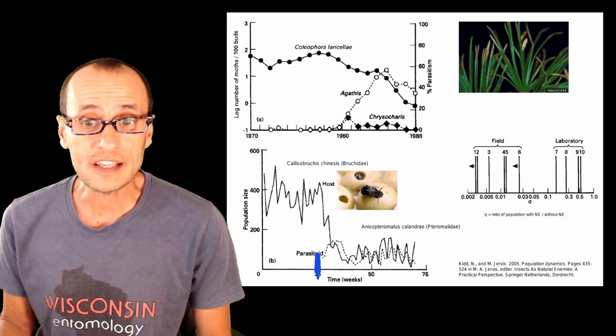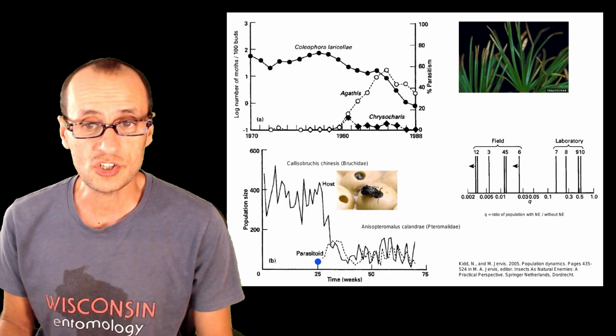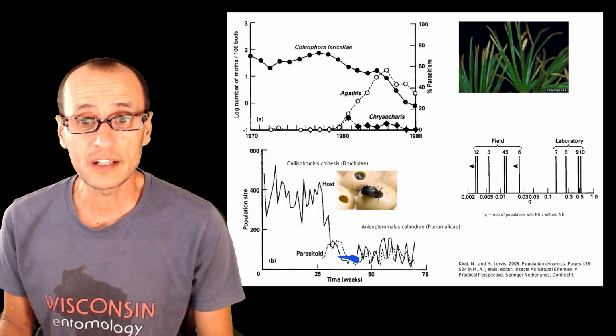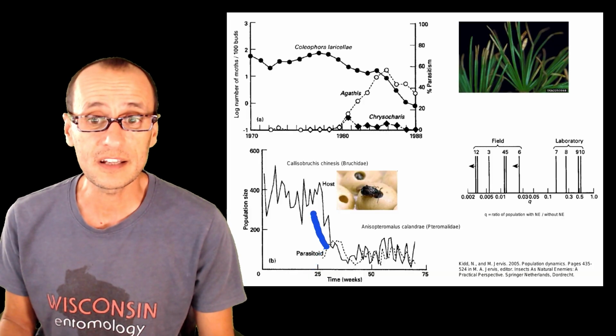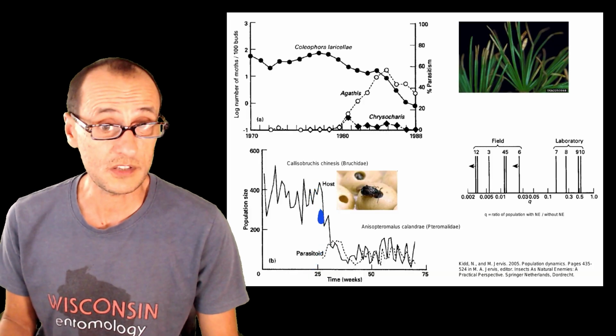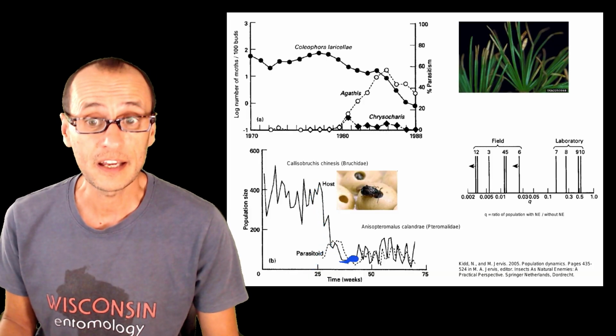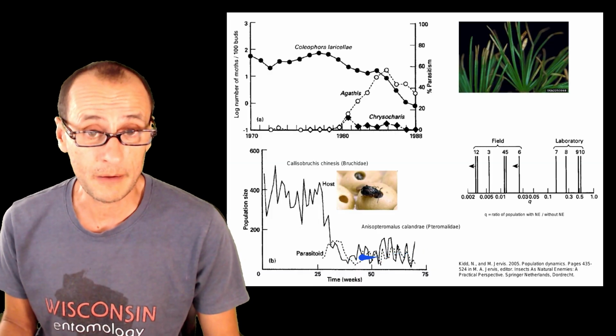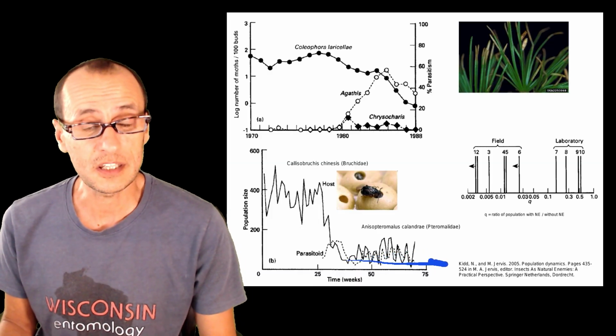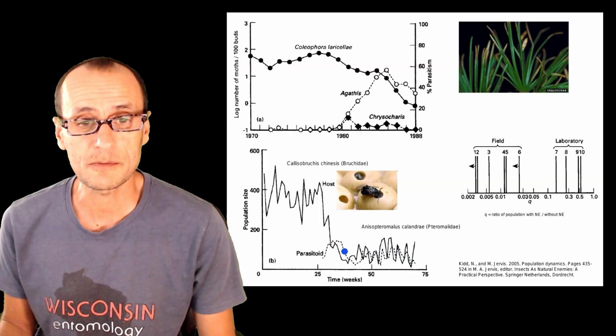And upon the release of a parasitoid into these chambers, the parasitoid increased in abundance, which was associated with a very rapid decline and a different equilibrium of the pest after the introduction of this parasitoid.